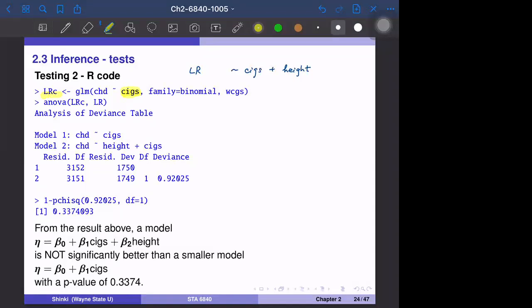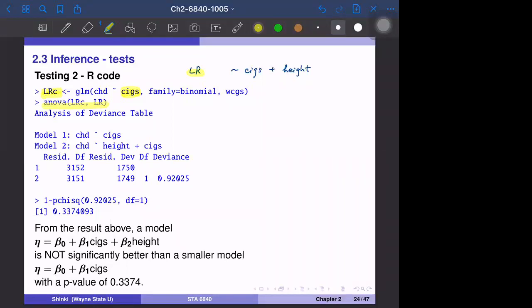So we have seen that the cigarette should be somewhat useful, but the height may not be useful information to predict the heart disease. So it's reasonable to compare the LRC, so only cigarette, and LR, the model with two predictors. Then actually the ANOVA function, even though this is a little different from ANOVA for linear regression.